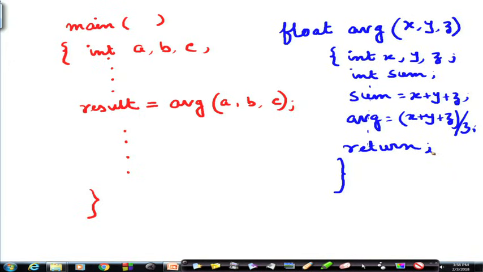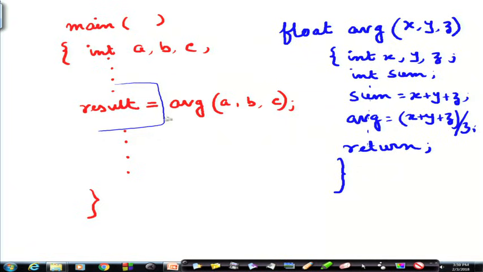Now, look at the two things. I will talk about this part a little later. Here I have declared A, B, C to be integers. So, in the memory for A, B and C, 2 bytes or 4 bytes as the system may demand, that much memory has been given. Now, when I write here AVG, that means I am invoking or calling this function AVG, and I am passing on.